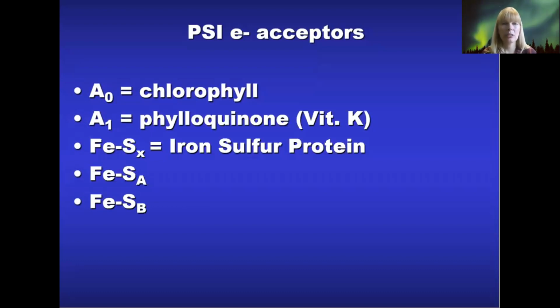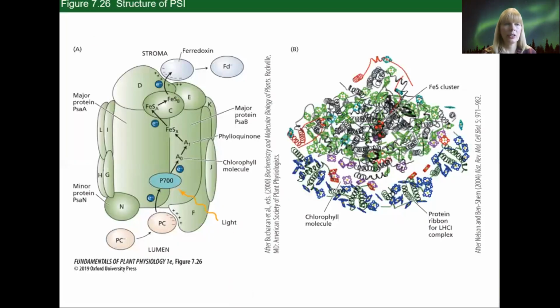So let's look at this visually, where they put it into context of this whole photosystem 1 reaction center. Here's P700, the reaction center where there is that special chlorophyll, and its electron got excited and boosted and given off to A0, then to A1, then to FeS-X, FeS-A, FeS-B, and then finally it's going to be given to this ferredoxin molecule.